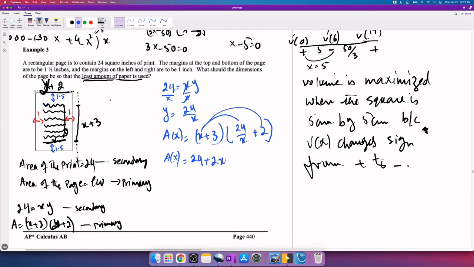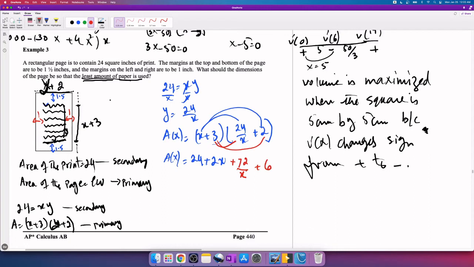Now I'm doing 3 and 24 over x. So 24 times 3, I'm going to go plus 72, and I still have that x in the denominator. Now I'm going to do 3 times 2, which is 6. So this is what I got so far.